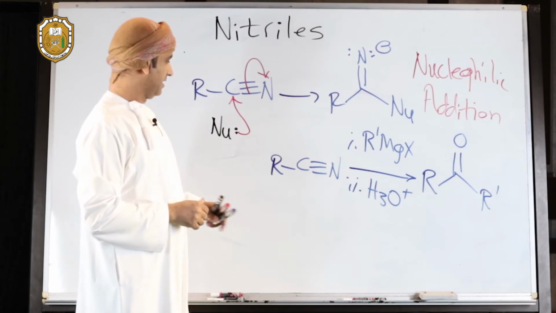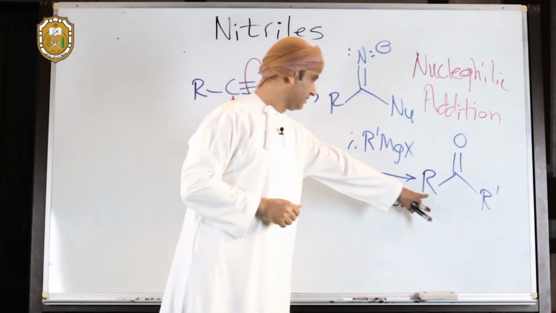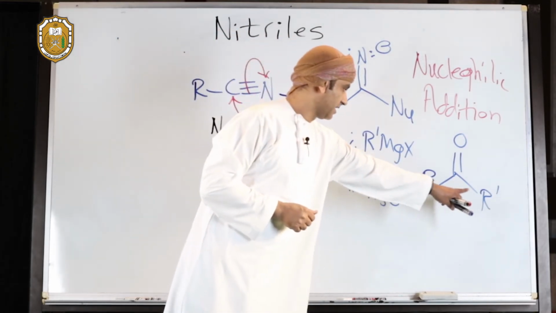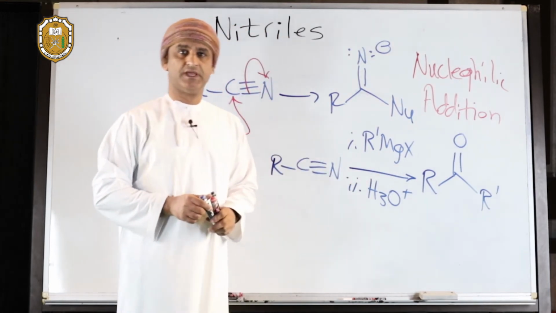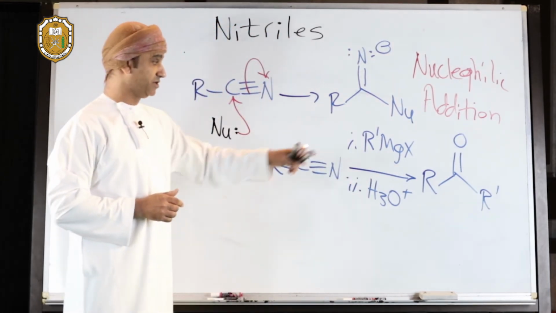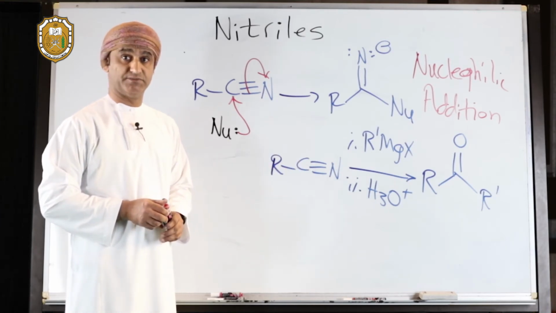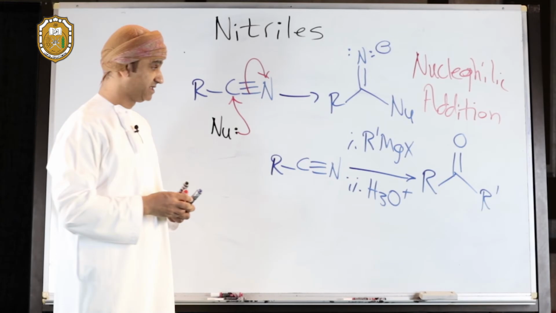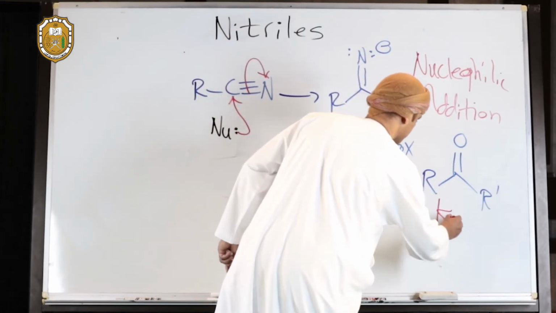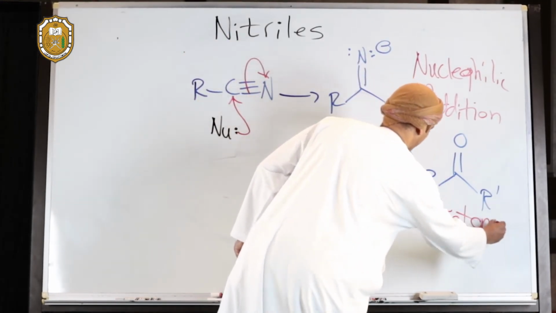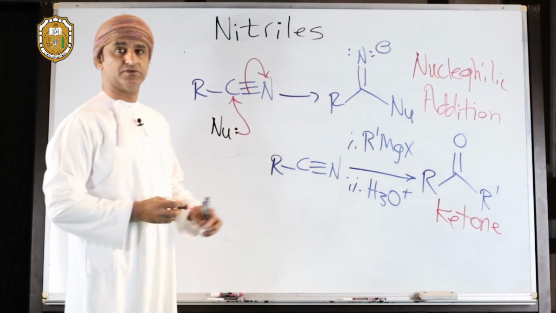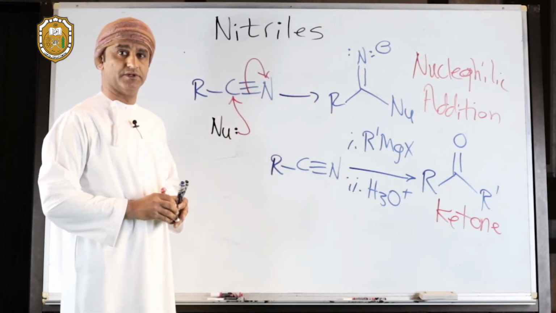Obviously, R is that one, that carbon is that one, and R prime comes from the Grignard reagent, and oxygen obviously comes from the subsequent reaction with the hydronium ion in step number 2. So this is a very useful reaction because we can transform a nitrile into a ketone.